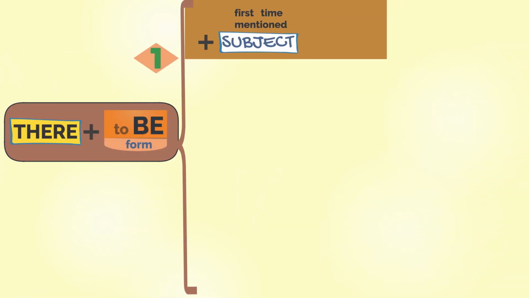There are two ways of using the form there plus to be. The first way includes only information about the existence of something.